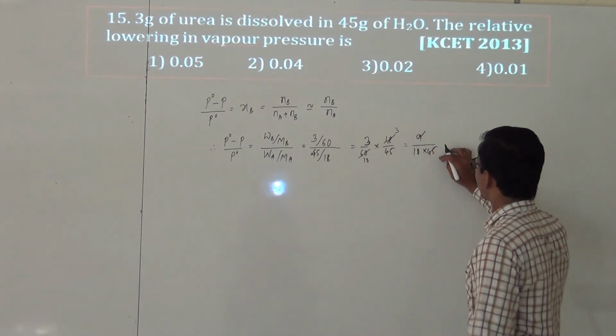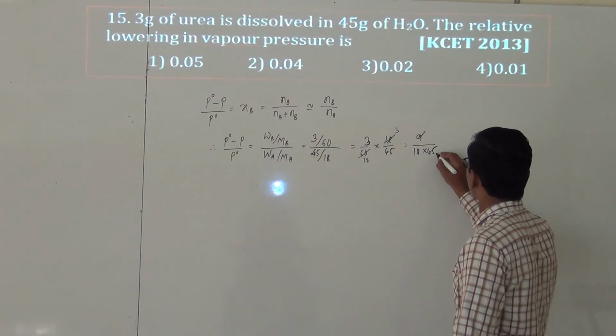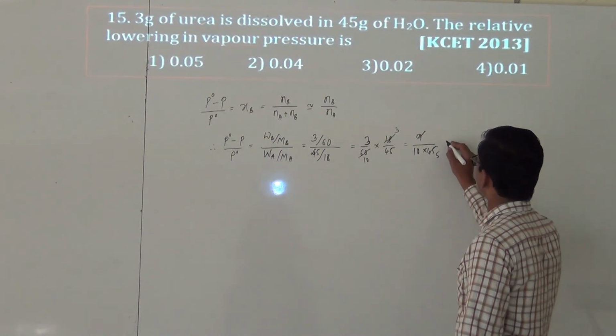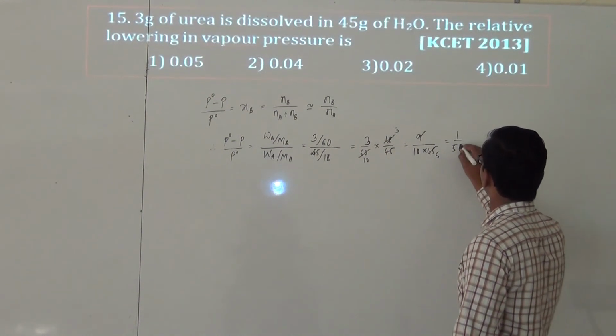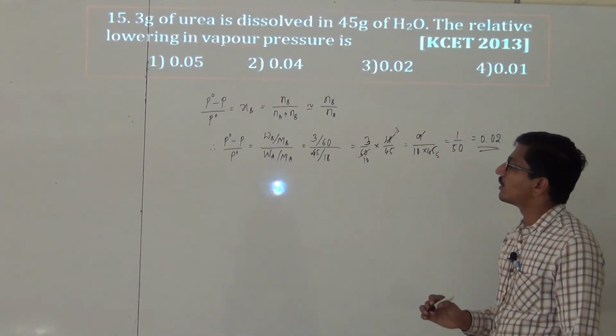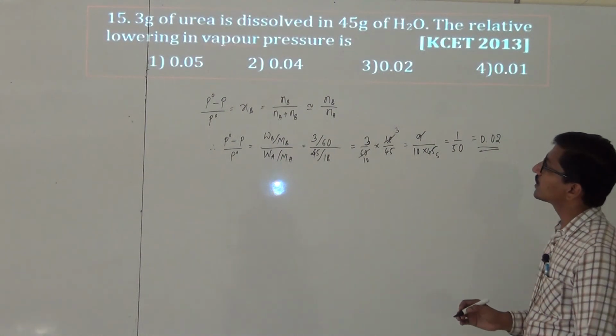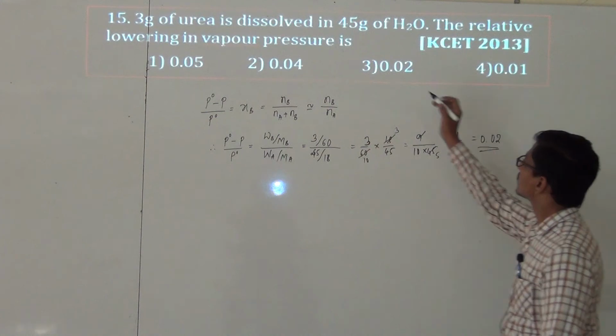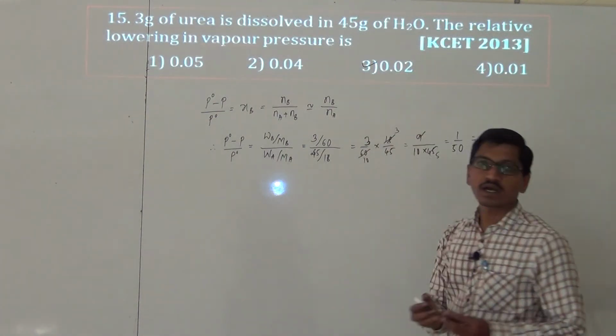This is 9, 5s are 1 by 50. This is equal to 0.02. The relative lowering of vapor pressure is 0.02. Third is the correct option.